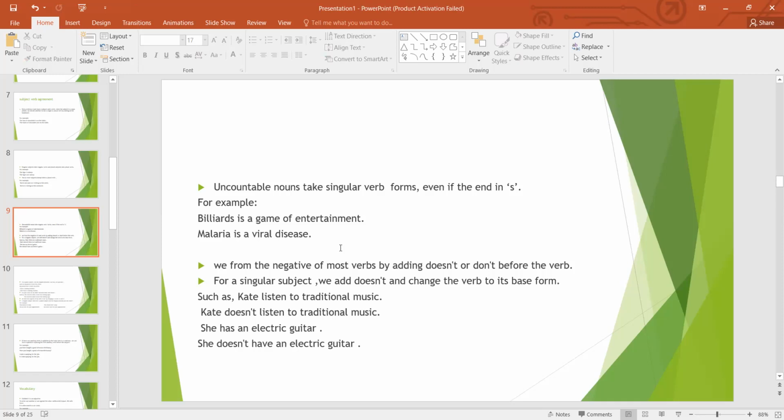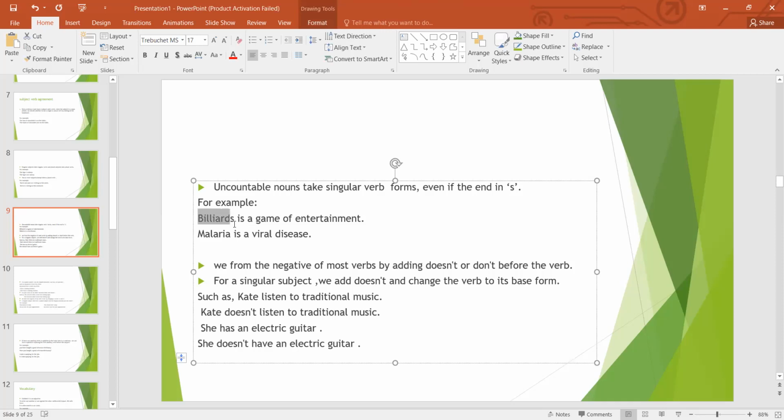When we talk about any uncountable noun ending with S, it always takes a singular verb. For example, billiards. It's totally an uncountable noun and ends with S. So it takes a singular verb, right?